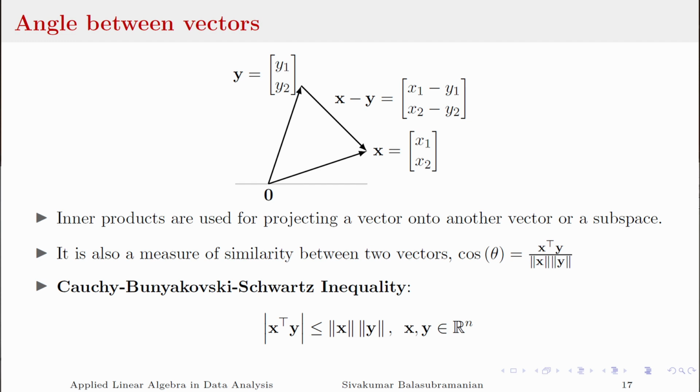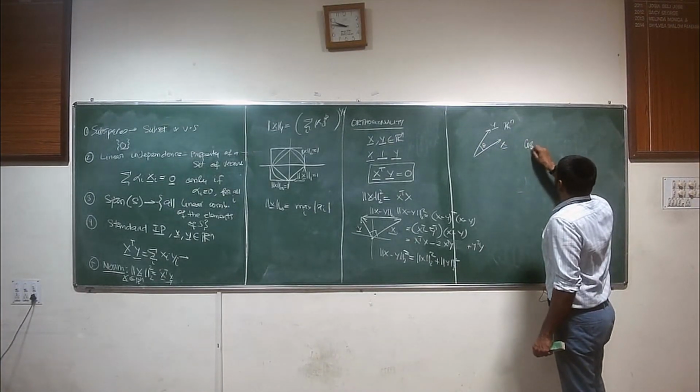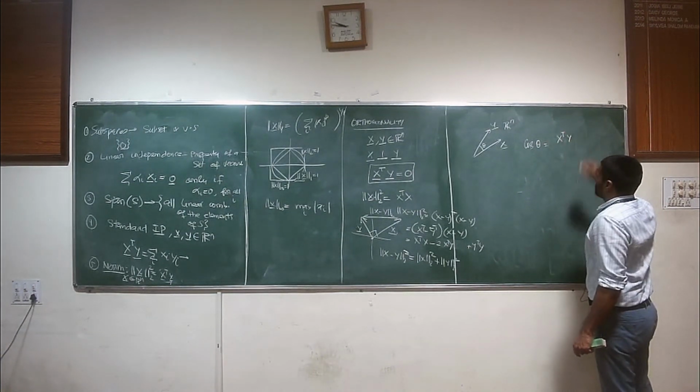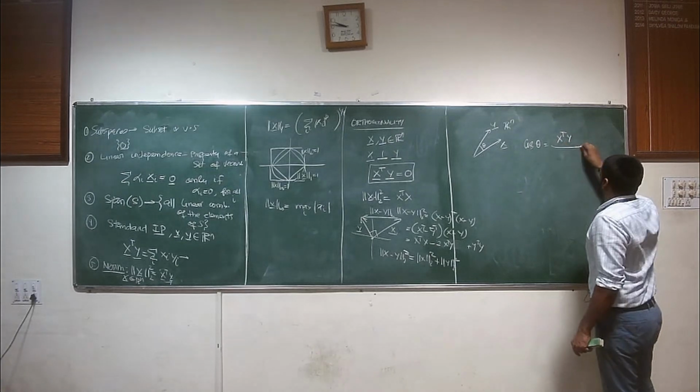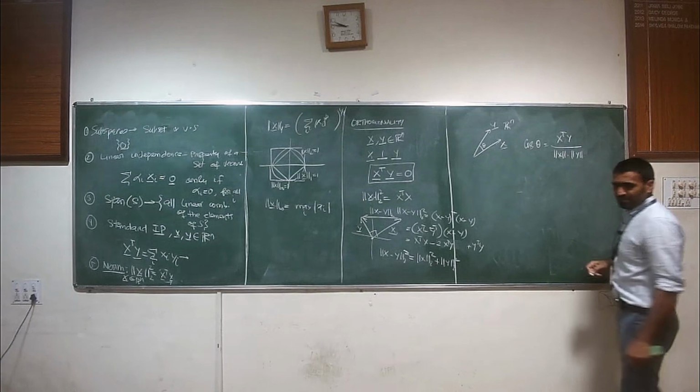So the angle between two vectors x, y in any space, let's say in Rn, you can get from the inner product. It turns out the cos of this angle theta is nothing but x transpose y divided by the length of x multiplied by the length of y.